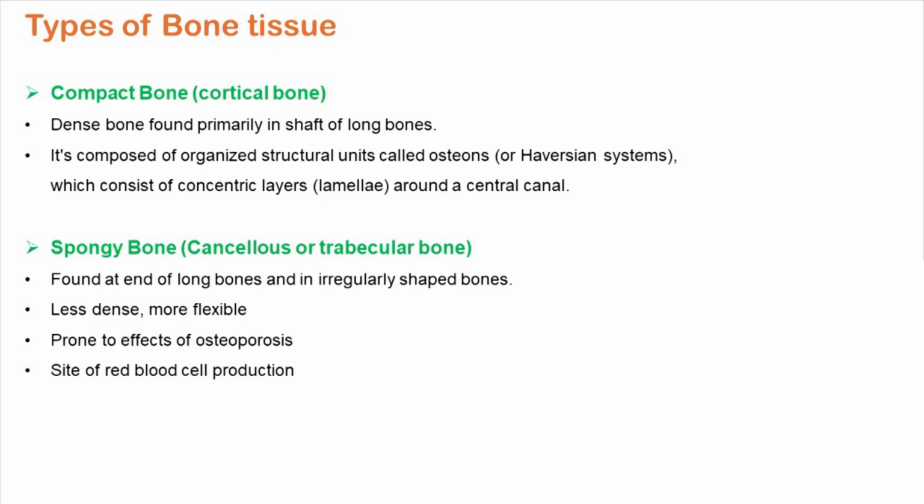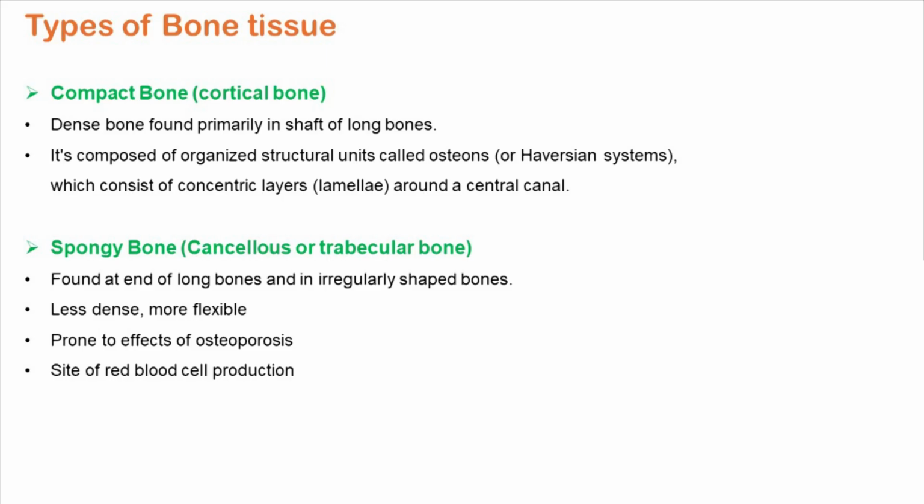Then, types of bone tissue: there are mostly two types. One is the compact bone, which is mostly present in the outer layer of the bone. As you go to the inside part of the bone, you find the spongy bone, which is softer in nature.